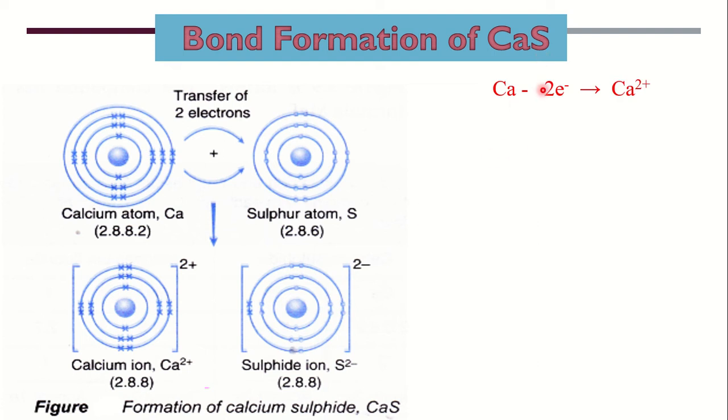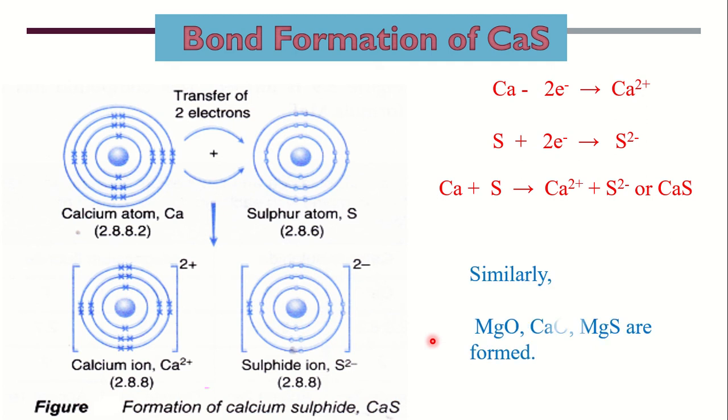Look, by releasing 2 electrons, calcium makes Ca2+ and by accepting 2 electrons, sulfur makes S2-. And between this positively charged ion and this negatively charged ion there is an attraction force and they are bonded together and make calcium sulfide, CaS, in this way.